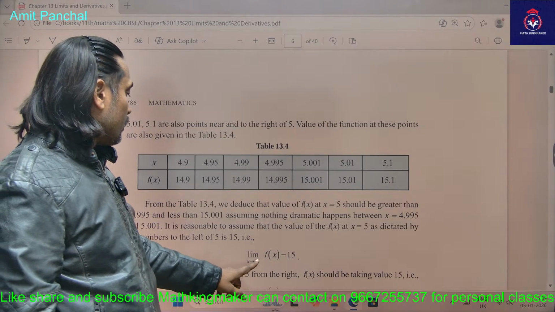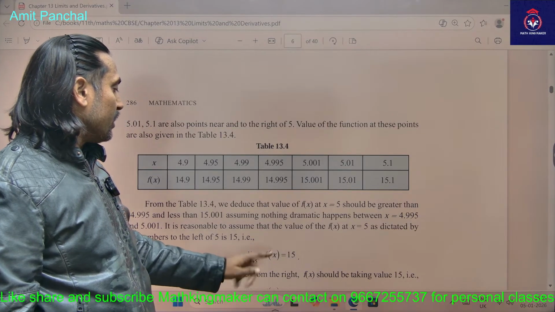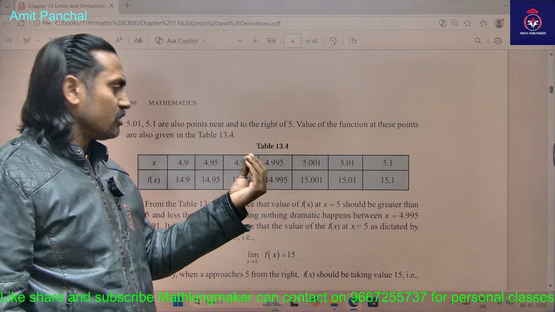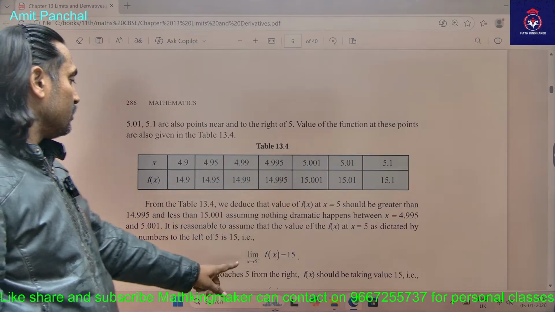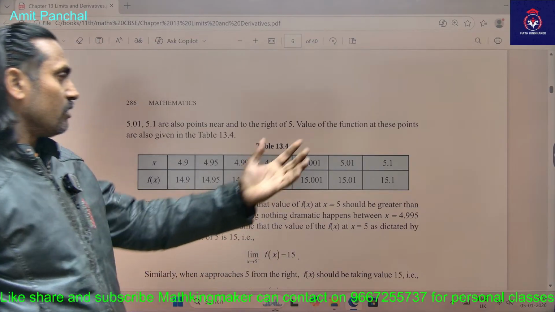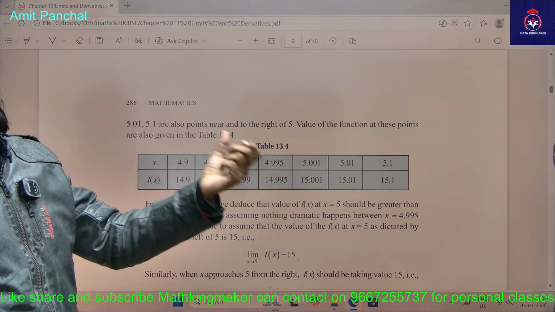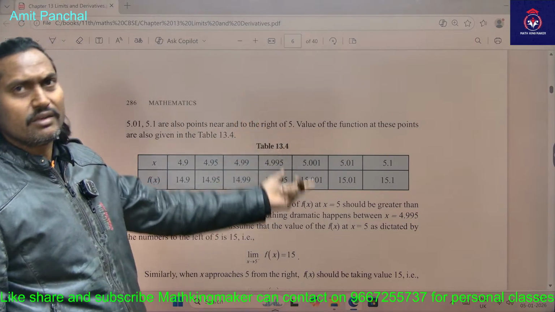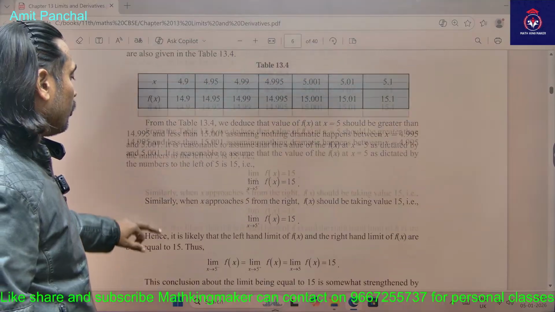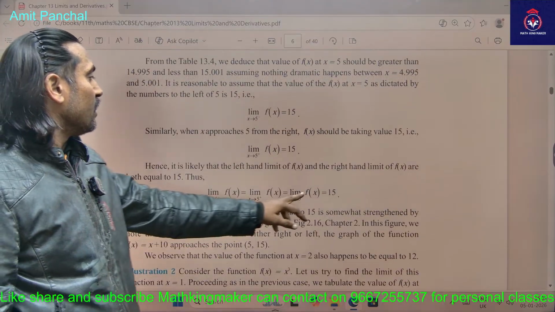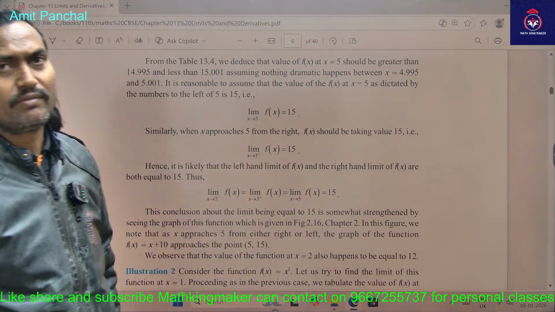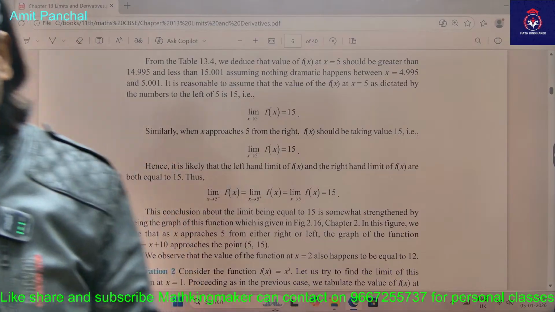So limit x tending to 5 negative, that means just nearby 5 from the left, it is giving you 15, and if you are coming from the right just nearby 5, you will get 15 again. That means your limit exists and the function value is also 15 at 5, isn't it?